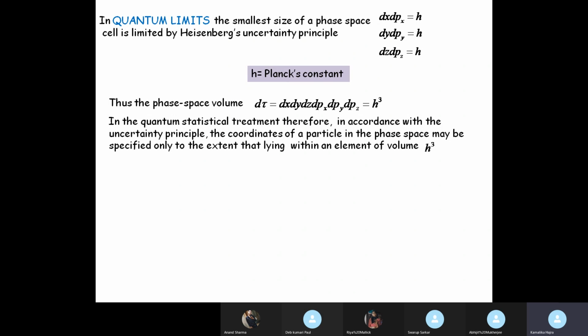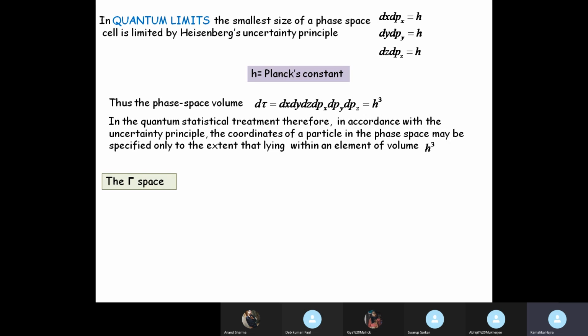No, there will be an uncertainty in the position given by delta x and an uncertainty in the momentum given by delta px, so that the product is not lesser than h, and the volume of the cell in the 6-dimensional phase space has to be of the order of h cubed.